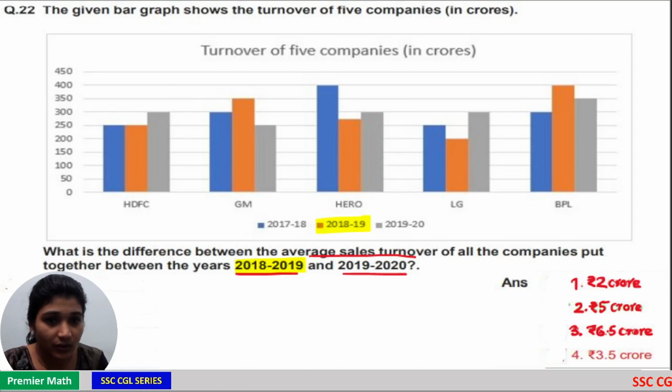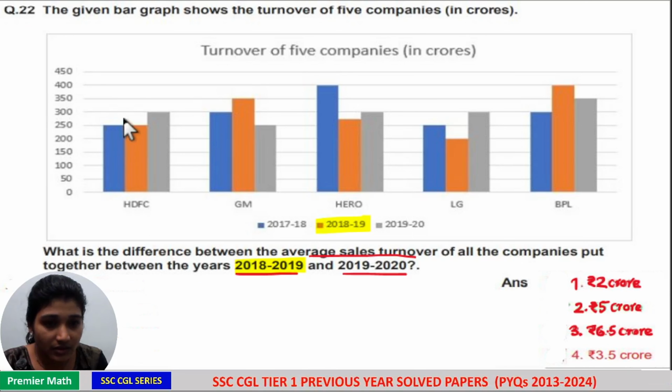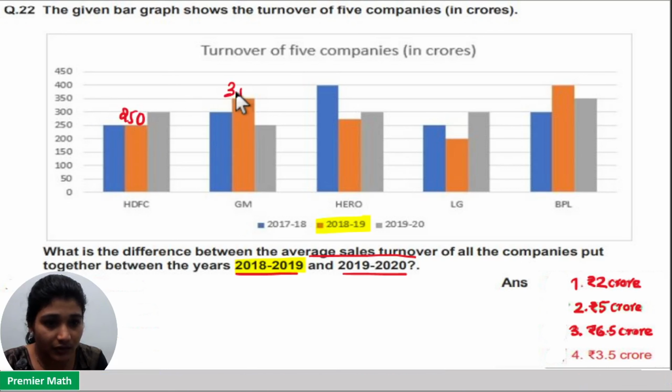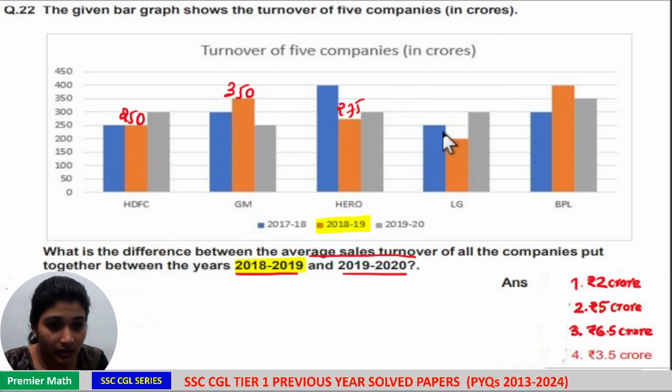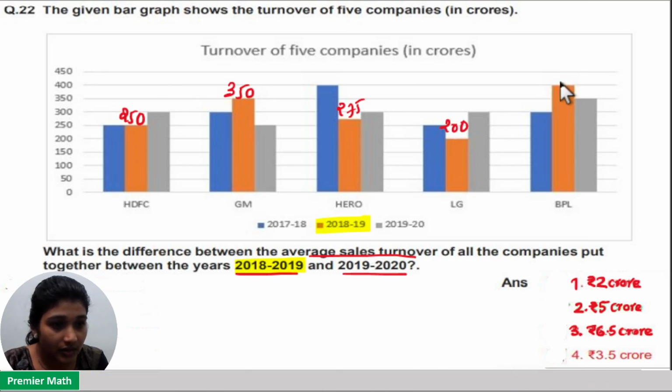So here total sales in 2018 to 19 means here it is 250, here it is 350, and here it is 275, and here it is 200, here it is 400.